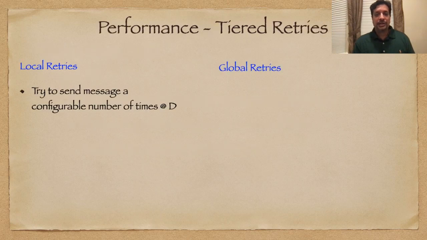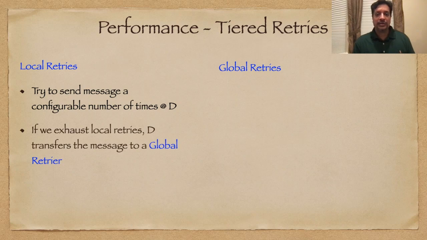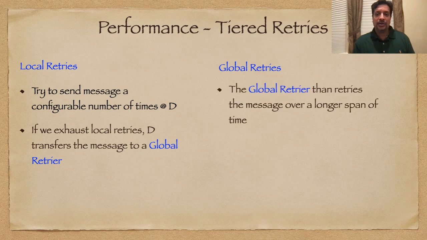With tiered retries, we have two tiers. We have a local retry tier and a global retry tier. In the local tier, we try to send a message a configurable number of times at D. If we exhaust local retries, D transfers the message to a global retryer. The global retryer then retries the message over a longer span of time.